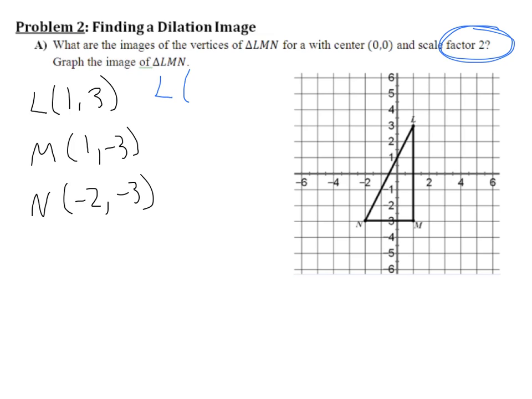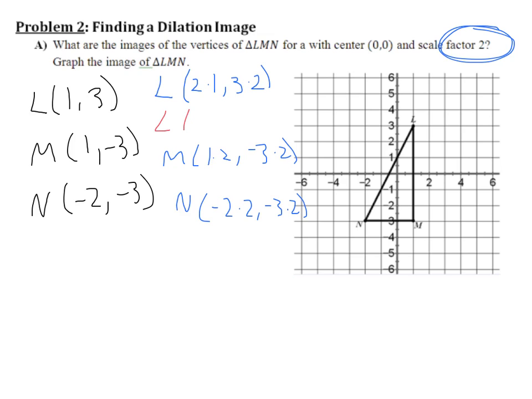So in this case, L would be 2 times 1, 3 times 2. M would be 1 times 2, -3 times 2. And N would be -2 times 2 and -3 times 2, because 2 is your scale factor. So your 3 new points would be L' at 2, 6. M' would be 2, -6. And N' would be -4, -6.